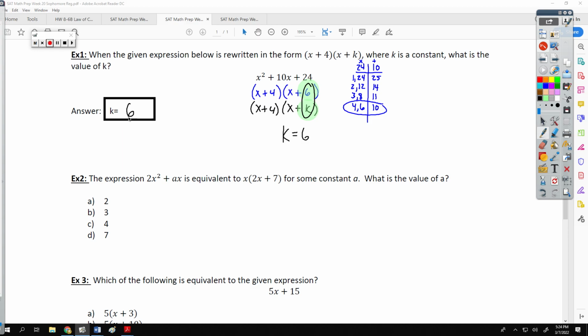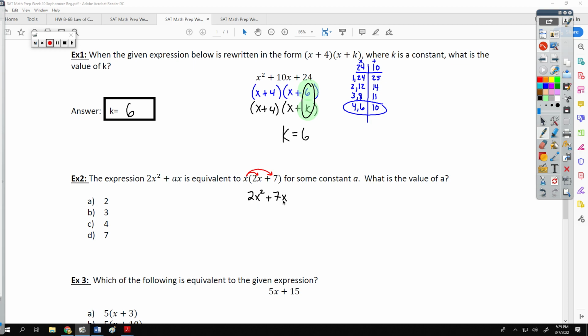Okay, on to example 2. It says expression 2x squared plus ax is equivalent to x times the quantity 2x plus 7 for some constant a. What is the value of a? So what we need to do here is sort of the reverse of factoring. We need to take the final expression and distribute that x, which would give us 2x squared plus 7x.